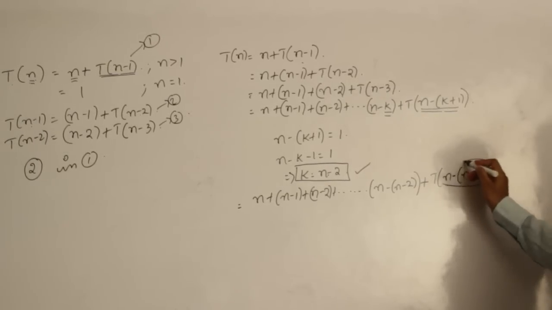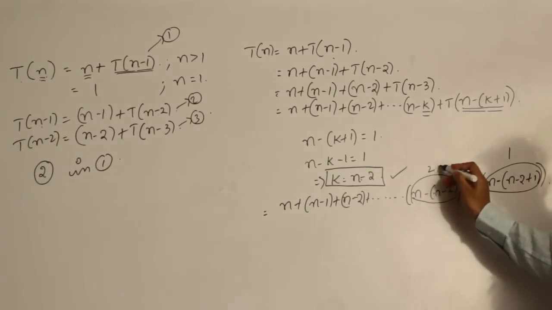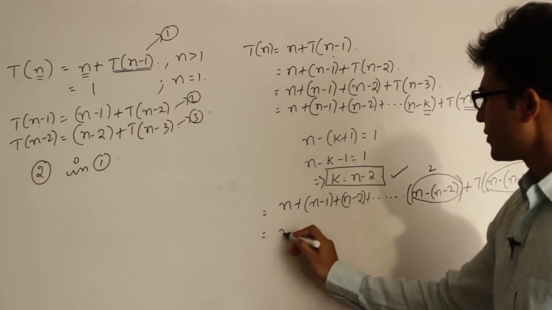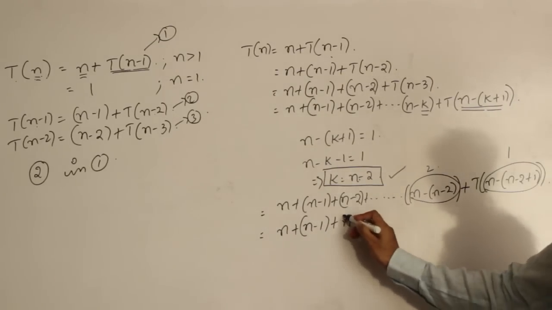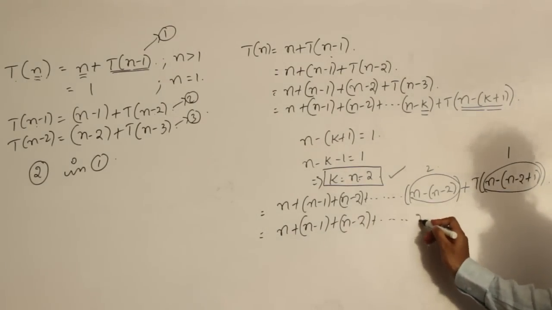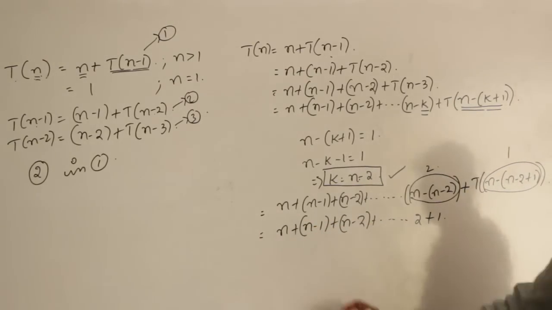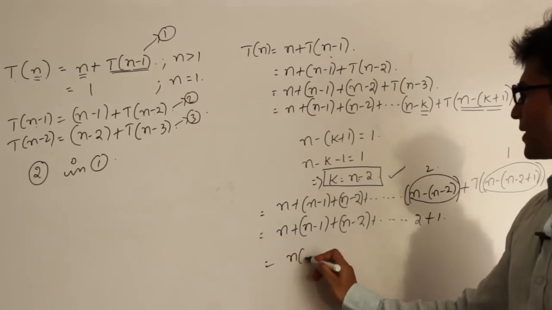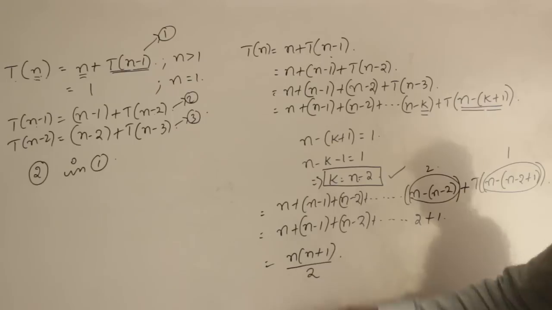Then this entire thing is going to become 1 and this entire thing is going to become T of 1. So what do we get here? n plus n minus 1 plus n minus 2 plus so on plus 2 plus 1. So 1 plus 2 plus 3 plus so on plus n. Then what is it? n times n plus 1 by 2, the sum of first n natural numbers, right?